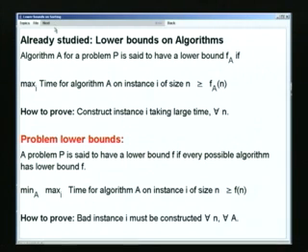How do we prove such bounds? Now we have to construct bad instances, instances which show that the time taken is large. But we have to construct them not only for all problem sizes, but for all algorithms as well. And of course, it need not be the same instance for all algorithms. It could be that for one algorithm it is one instance which is bad, for another algorithm it is another instance which is bad, that is okay.